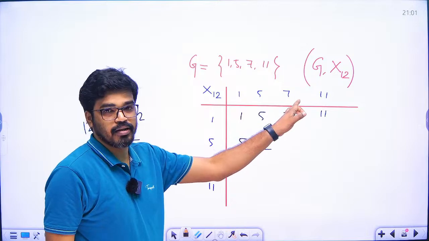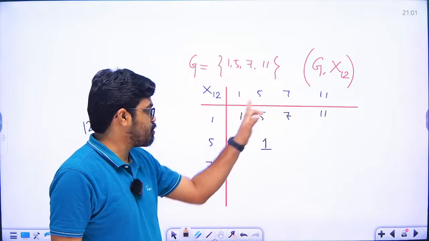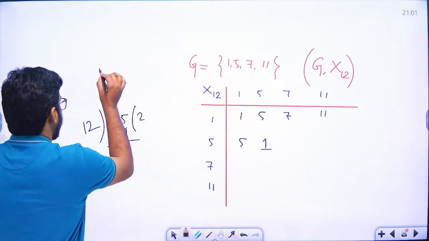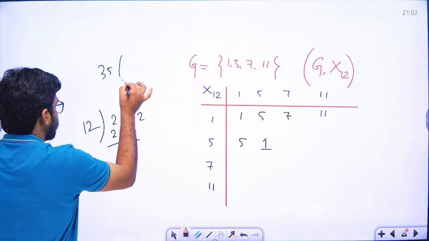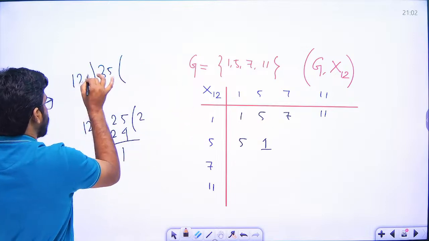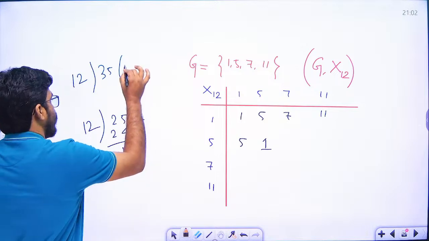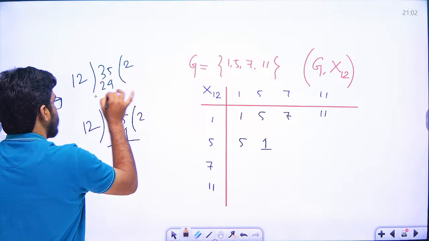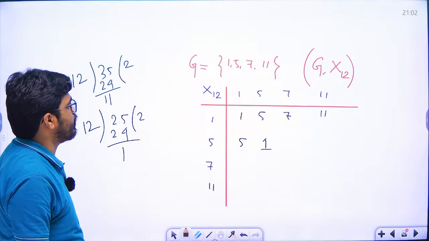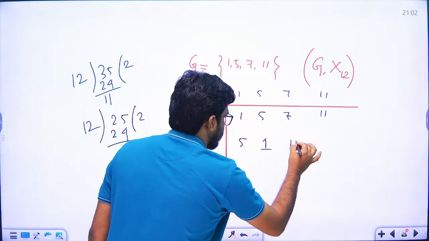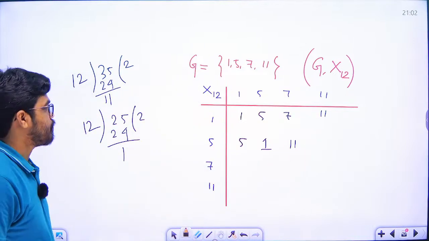5 into 7. What is the answer? 35. We divide 35 by 12. 12 into 2 is 24. That is 11, right? Okay.